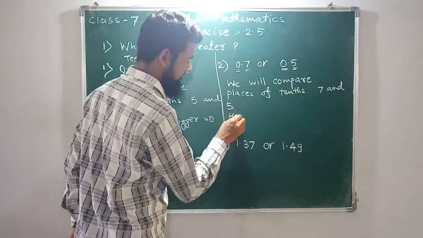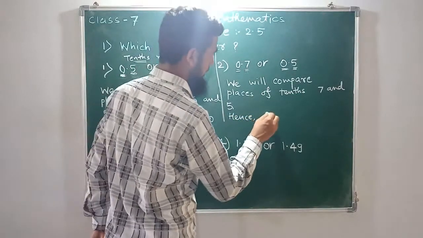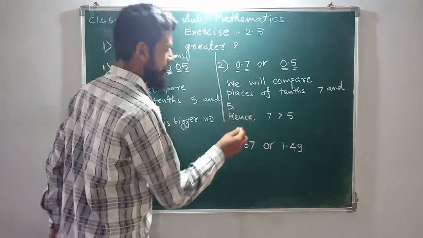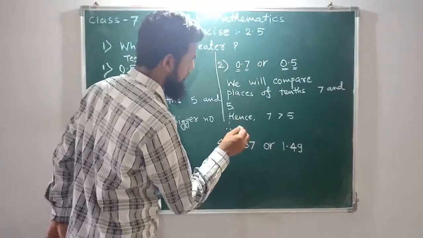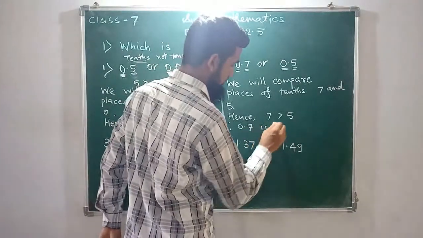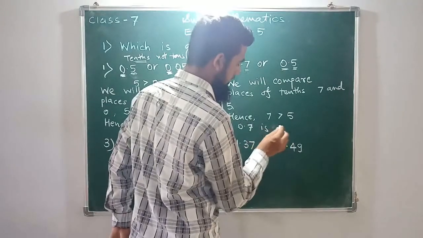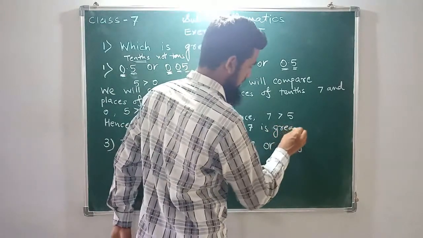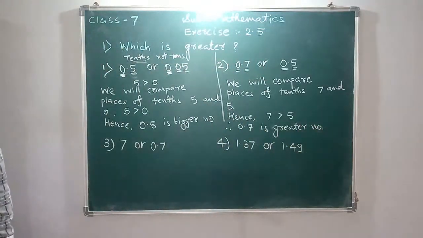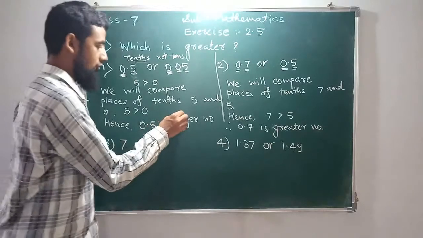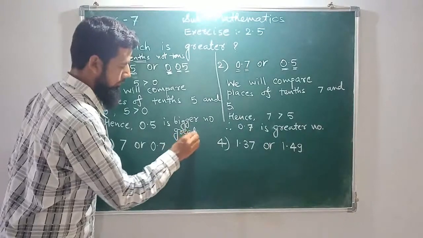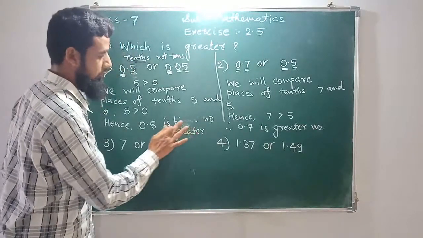So hence 7 greater than 5. So which number is bigger? Therefore 0.7 is bigger or greater number. Understood? Here you can also write, beta, instead of bigger you can write greater, because in the question it is given.